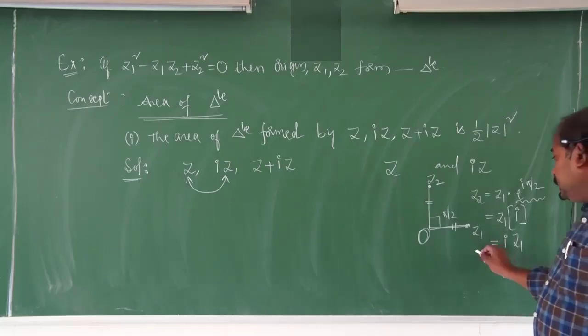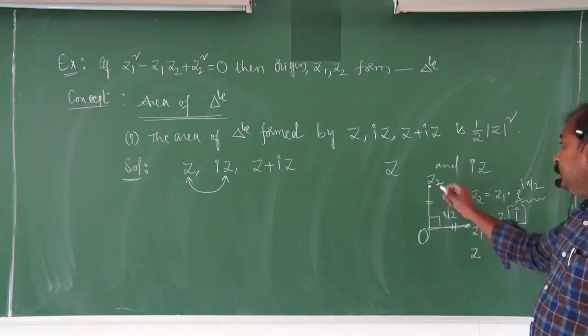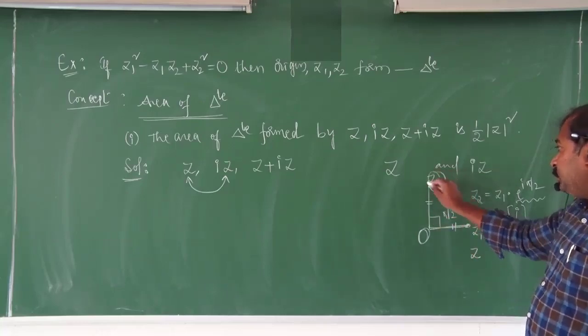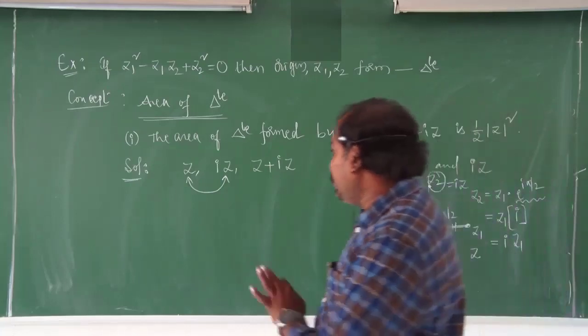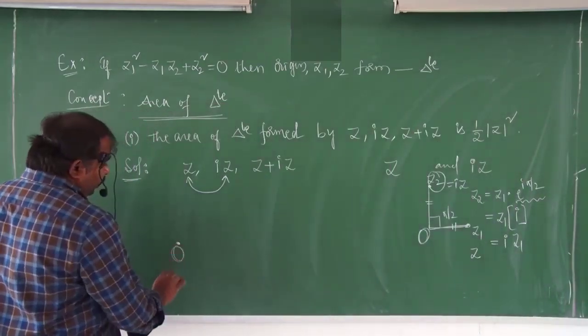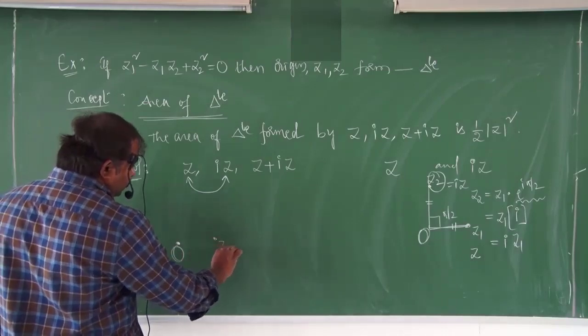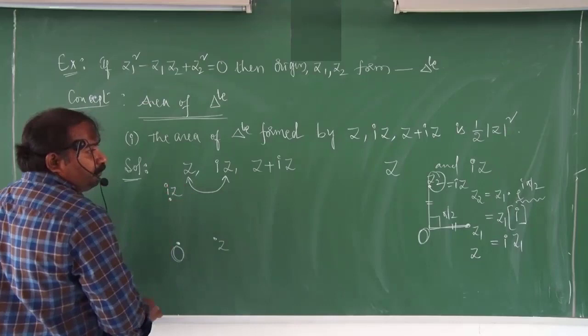So if it is Z, then this value is nothing but IZ only. If you take the origin somewhere here, if this is Z, this is IZ only.